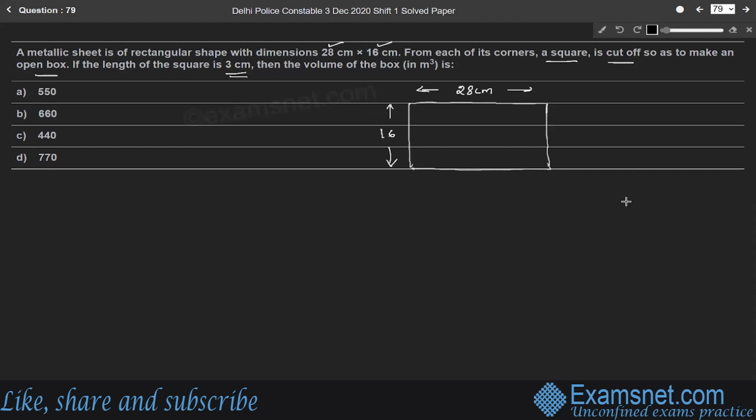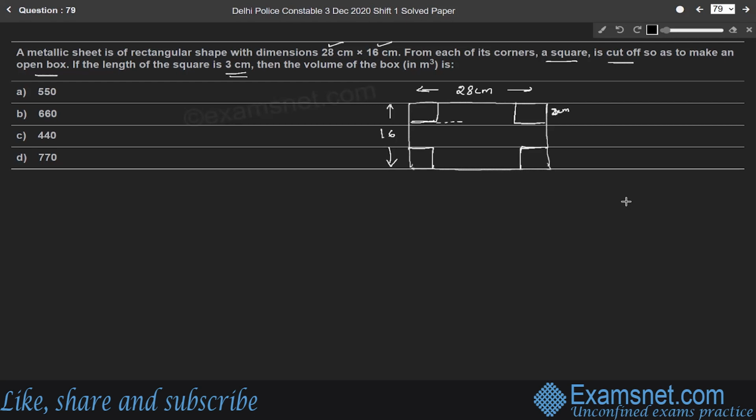Right? From each of its corners, a square is cut off like this. Right? So as to make an open box. So when the square is cut off of length 3 centimeter, the small length is 3 centimeter.